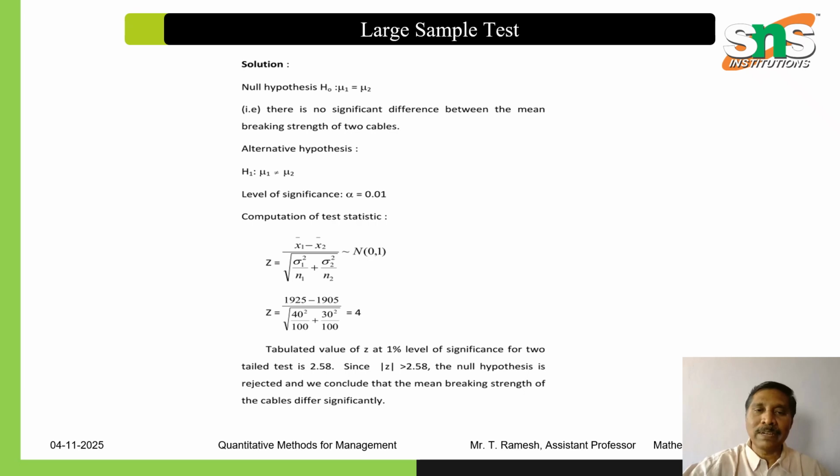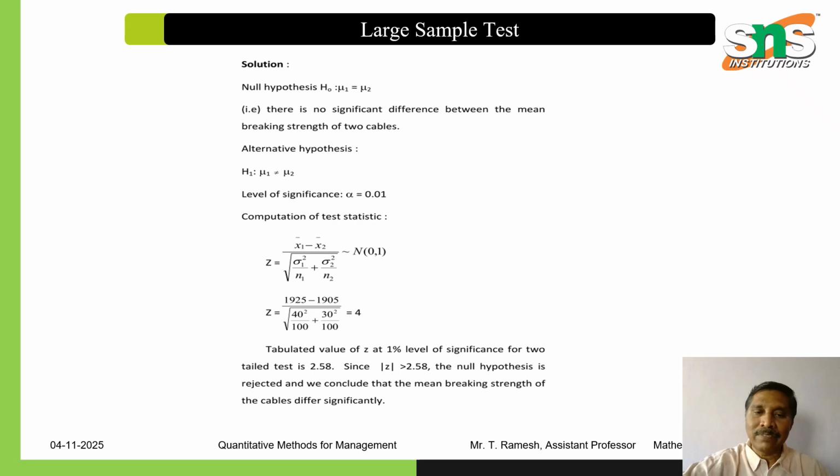The test statistic is x1 bar minus x2 bar divided by the root of sigma 1 square by n1 plus sigma 2 square by n2. It is a normal value with mean 0 and standard deviation 1. We substitute all the values here, then the Z statistic becomes 4. The tabulated value of Z at 1% level of significance for a two-tailed test is 2.58.